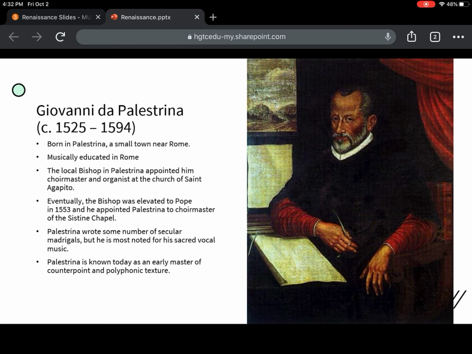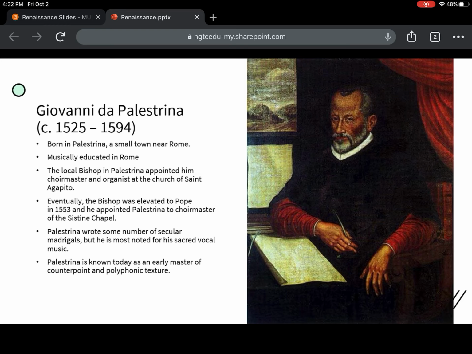And he worked as a choir master in a local church. And later, when the bishop of that church was elevated to pope in 1553, he remembered Palestrina and all of Palestrina's great work and brought him along to the Sistine Chapel in the Vatican.